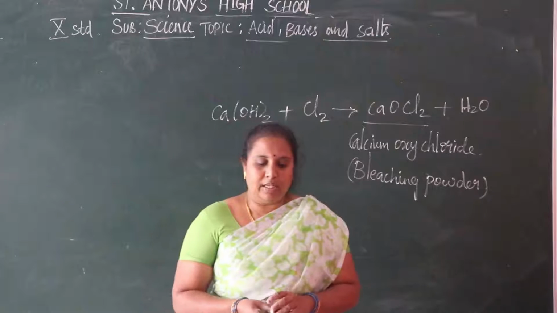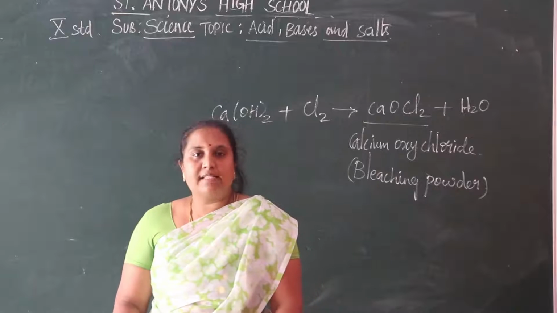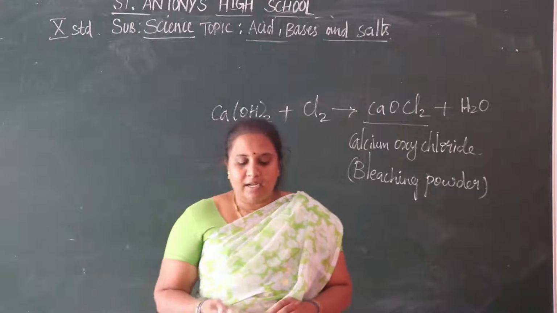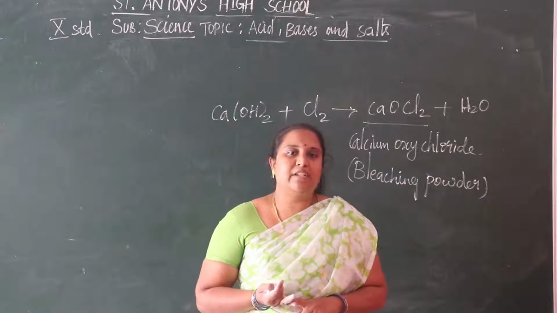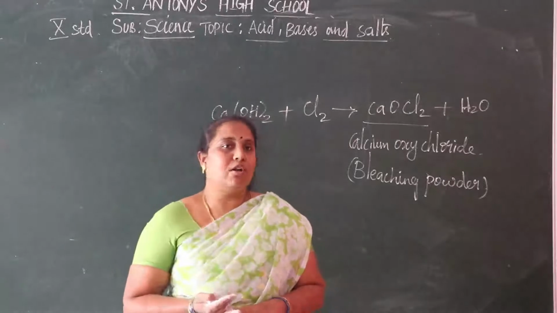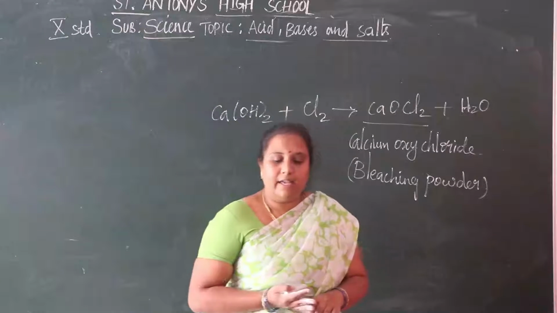It is used as an oxidizing agent in many industries such as textile and paper industries. Bleaching powder works as an oxidizing agent also.